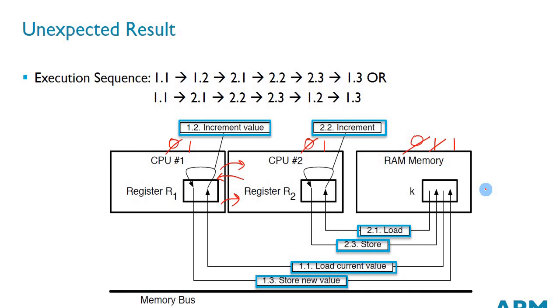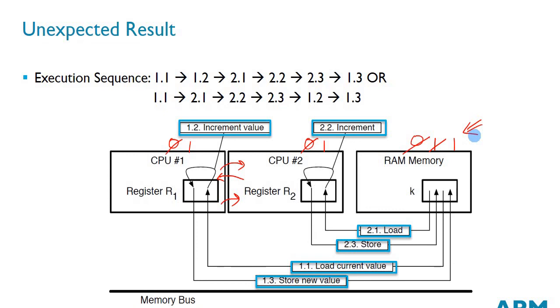So you can see that because I got preempted at the stage where I did the increment but could not complete the write back, the subsequent task that did a load was still loading the previous value of k and not the updated value of k. So even after two tasks running in parallel with my initial value of 0 for k, I still end up with the final value of only 1 instead of 2.